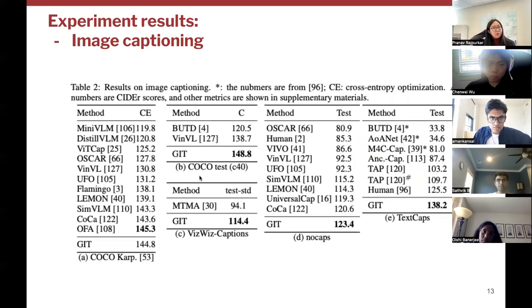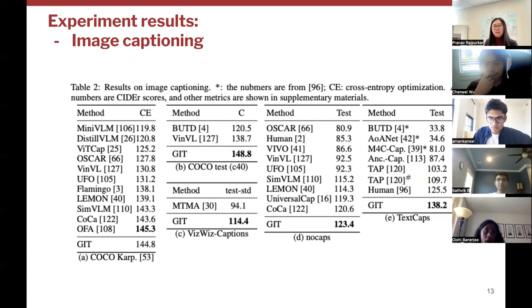So that is the way this model is used for the video tasks. And now I will share some numerical results for the different experiments on image and video captioning and VQA. Firstly, these are the results for image captioning on the different benchmarks. The metric used here is the CIDEr score. We can see that GIT can achieve pretty comparable results on the different benchmarks compared with the previous state of the art.